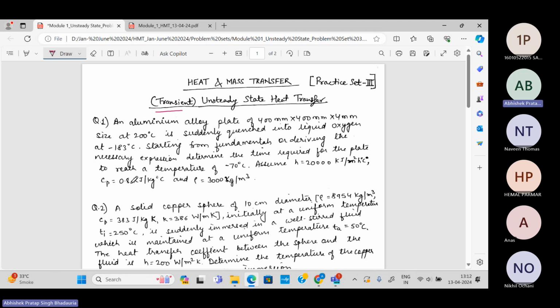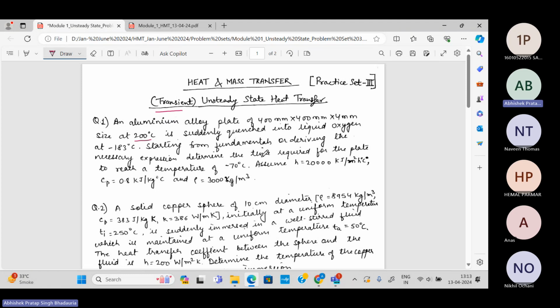Problem one is, you just read the problem. An aluminum alloy plate of 400 mm by 400 mm by 4 mm size at 200 degrees Celsius is suddenly quenched into liquid oxygen at minus 183 degrees Celsius.